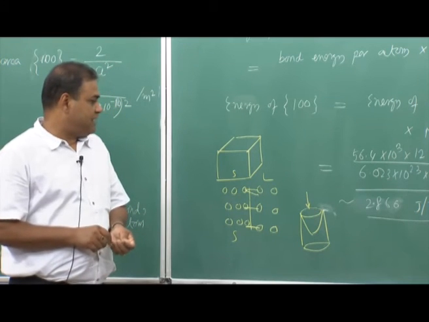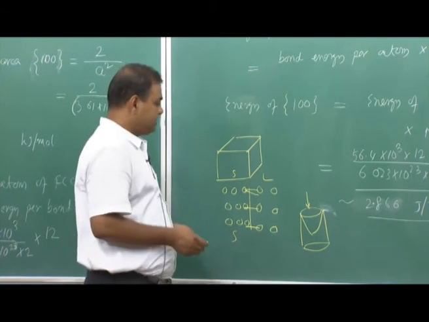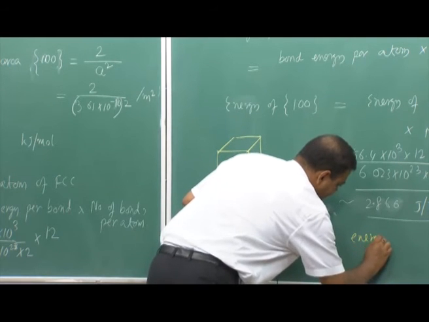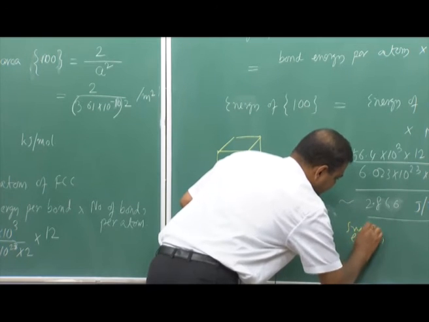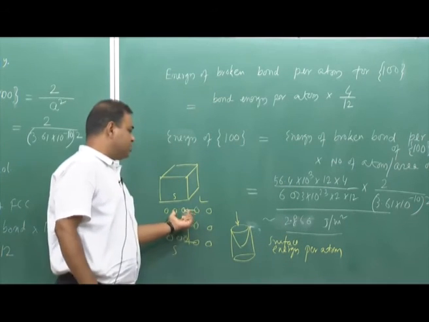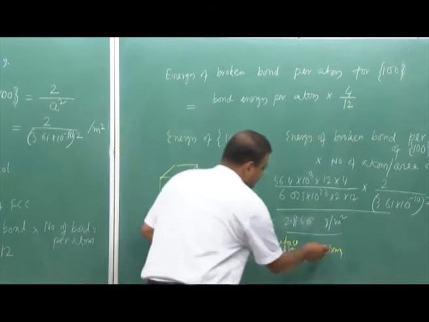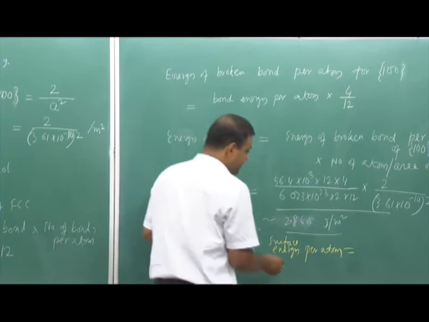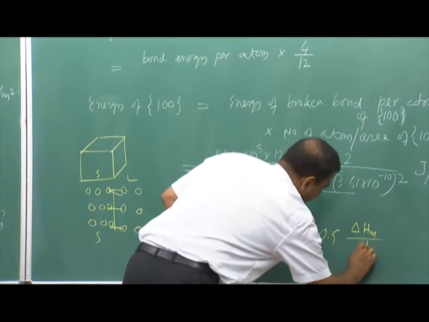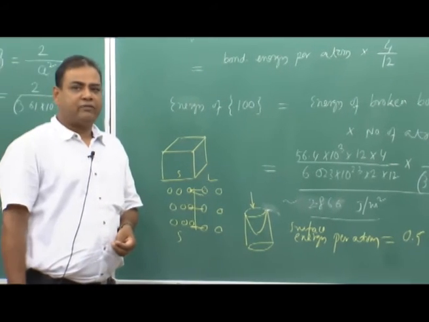And in that case, people have come to an empirical formula. If we consider surface energy per atom, because this bond is not completely broken, we can consider this as half broken. So, we can have a relation in case of solid-liquid: 0.5 delta Hm by Na, where Na is the Avogadro number.